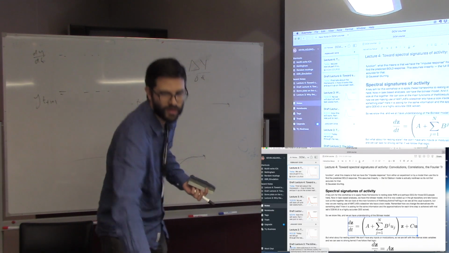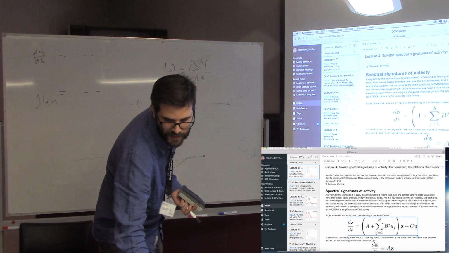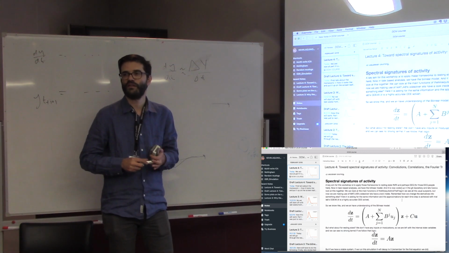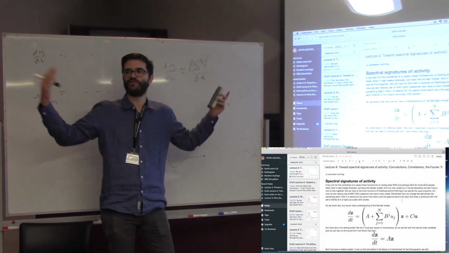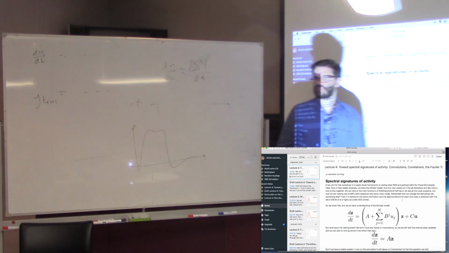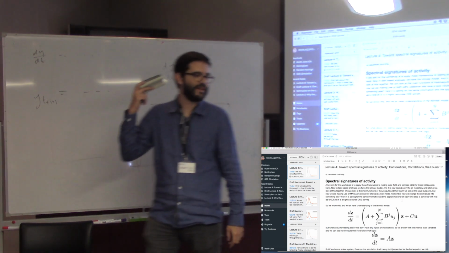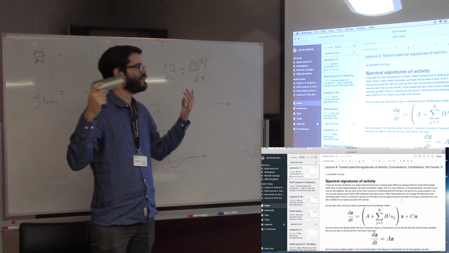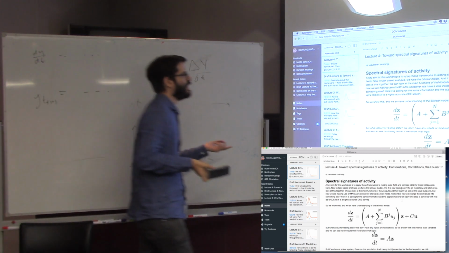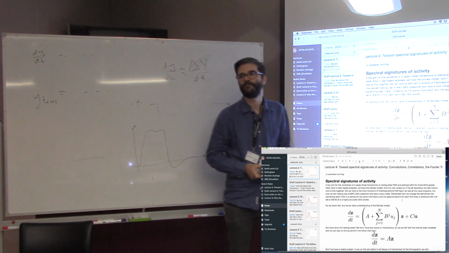Now, this is all well and good, right? But as I said before, for resting state, this task-free state, we don't have any inputs. This system doesn't have any inputs going into a specific region, any known inputs. So we don't have C of u.